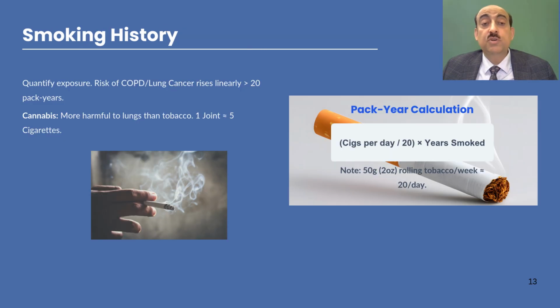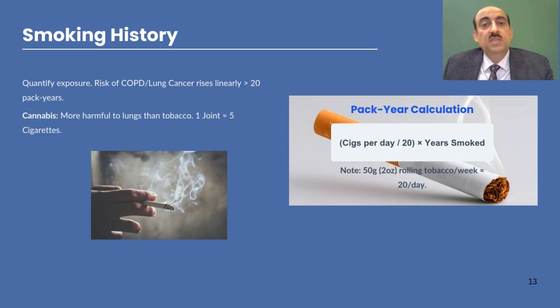Smoking history is really crucial in shortness of breath, and quantifying and qualifying it is important. We often only attribute smoking to cigarettes, but always think about cannabis and rolled tobacco. The risk from smoking is cumulative. Over a lifetime, the total amount of cigarettes smoked is linked linearly to the risk of developing COPD and lung cancer.